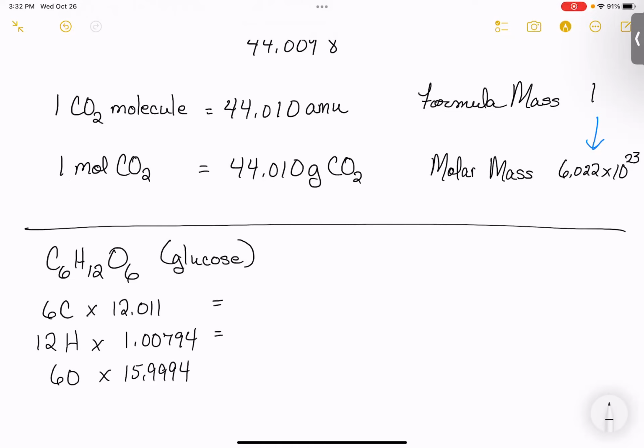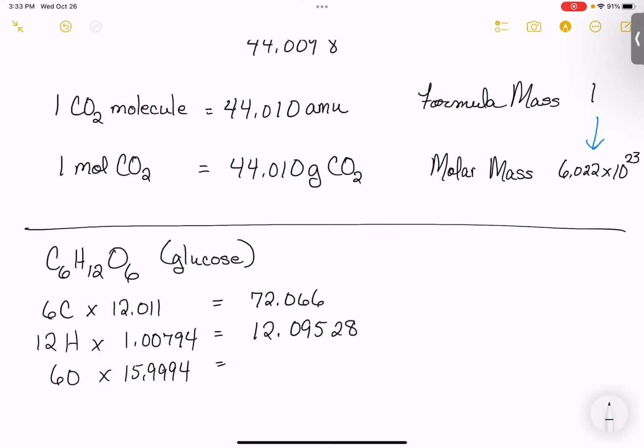So since you have 6 carbons, each at 12.011, that means that the carbons contribute 72.066 to the overall mass. Since you have 12 hydrogens at 1.00794 each, that means the hydrogens contribute 12.09528 to the overall mass.